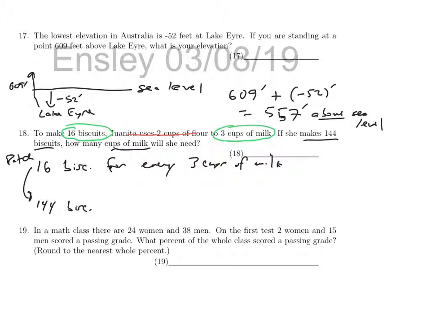So for one batch of 16 biscuits, I need 3 cups of milk. So the question is, how many batches do I need? And so to do that, I just need to divide. So whatever 144 over 16 is, that's how many batches I need to make. 144 over 16 is, who am I kidding? That's 9.